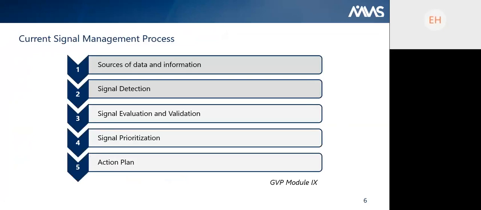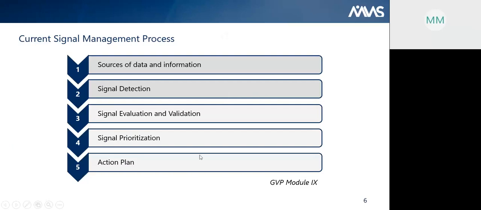Below, a few slides will show regulatory guidances which we kept in mind while developing our Datacise platform. First of all, we kept in mind the guideline on good pharmacovigilance practice, Module 9, which describes the safety signal management process in 5 following steps: identification of safety data sources, signal detection, signal evaluation and validation, signal prioritization, and action plan.